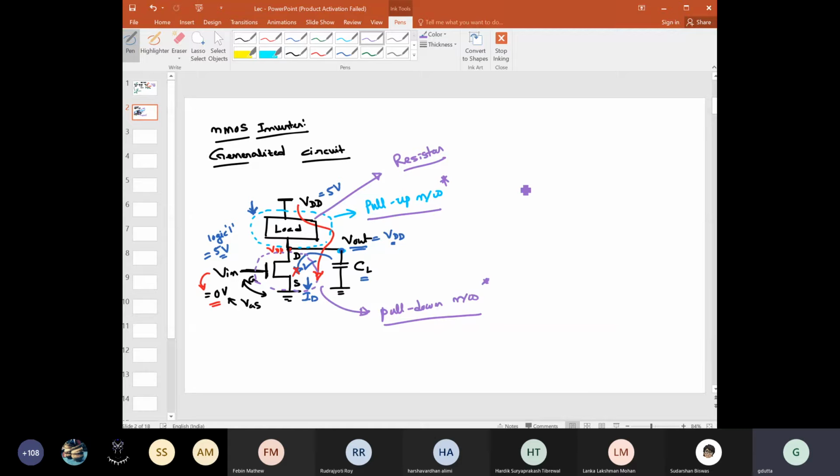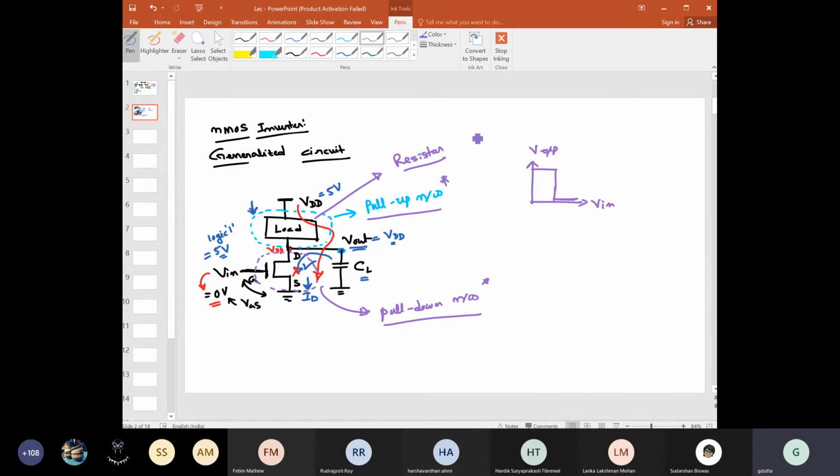Before we go to that, earlier what we have seen, the VTC is expected to be, this is the output voltage, this is the input voltage. We have seen the VTC is like this for the ideal case, but this is not the ideal situation right now. So obviously the VTC that we will be getting for this circuit will deviate from this.